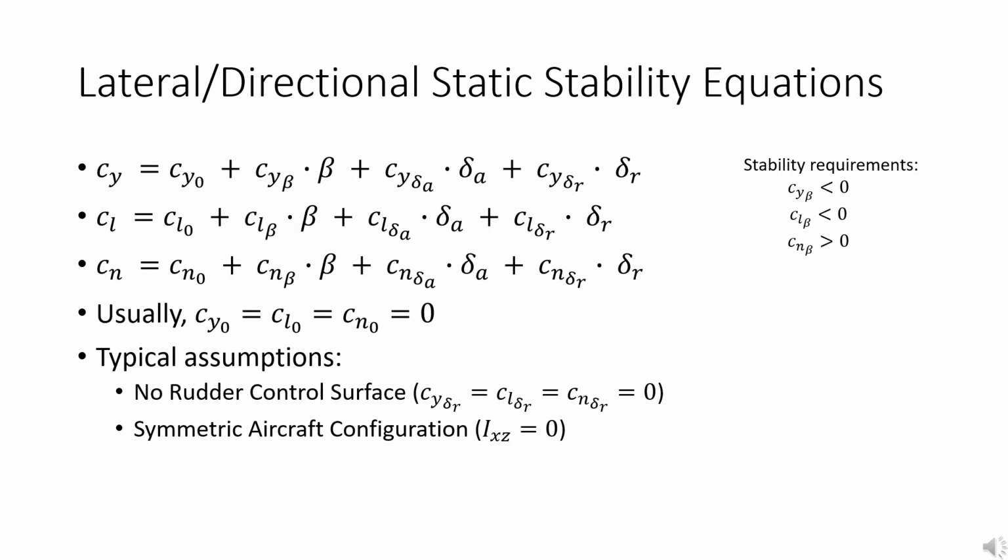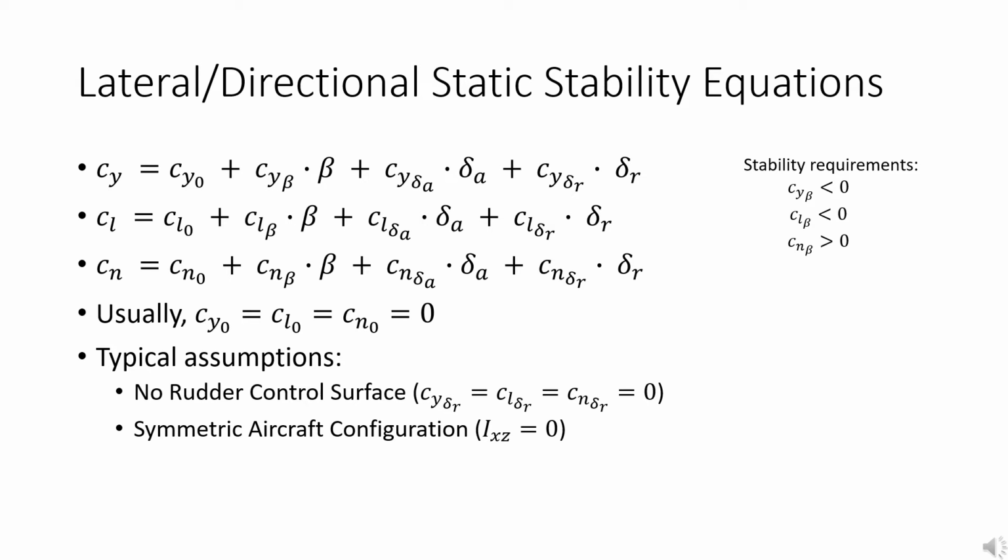So now we'll move on to lateral directional static stability equations. These equations do not look quite as different from conventional aircraft as the longitudinal static stability equations. Really, the only difference here are the assumptions and how the derivatives are built up.